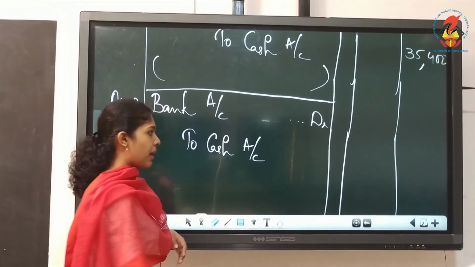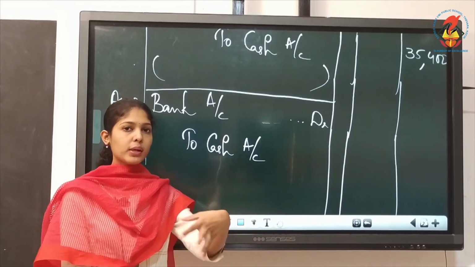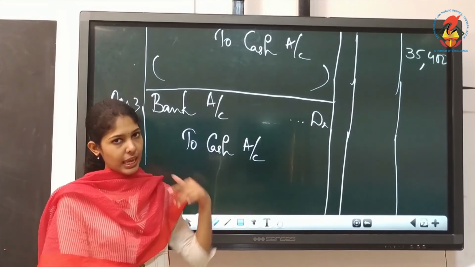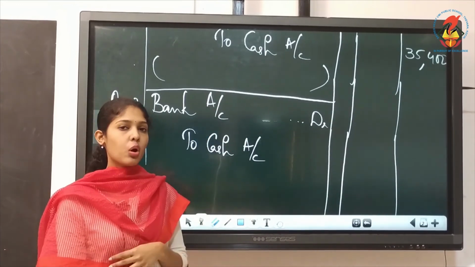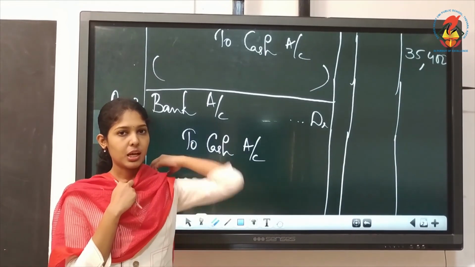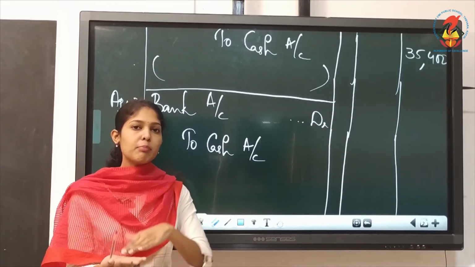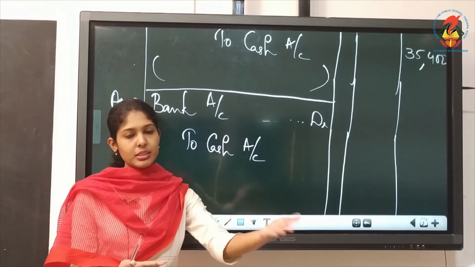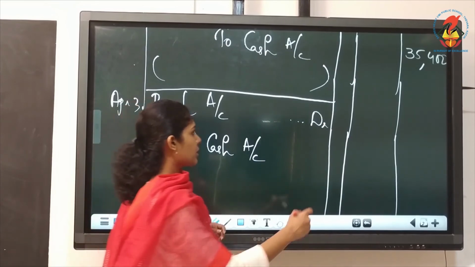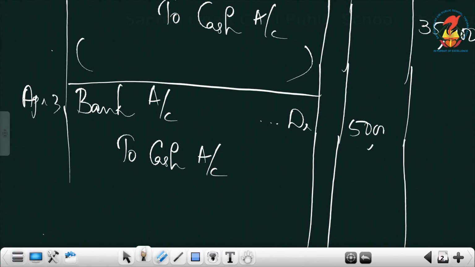The firm's cash balance is moving out, and what is increasing? The firm's bank account. So bank is debited, cash is credited. What goes out is always credited. That is the cash moving out. Moving out means cash in hand will become cash at bank. That's the meaning. So here the amount is 50,000 and you write the narration, deposited cash into bank.